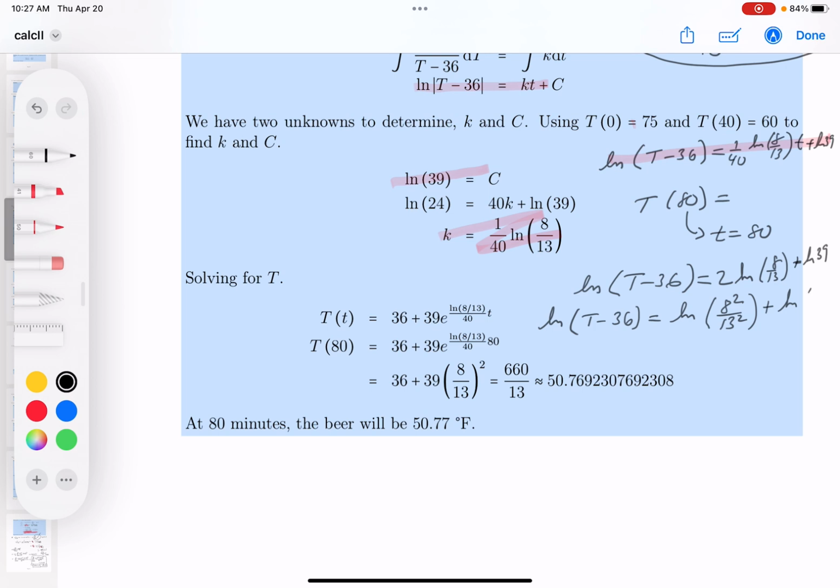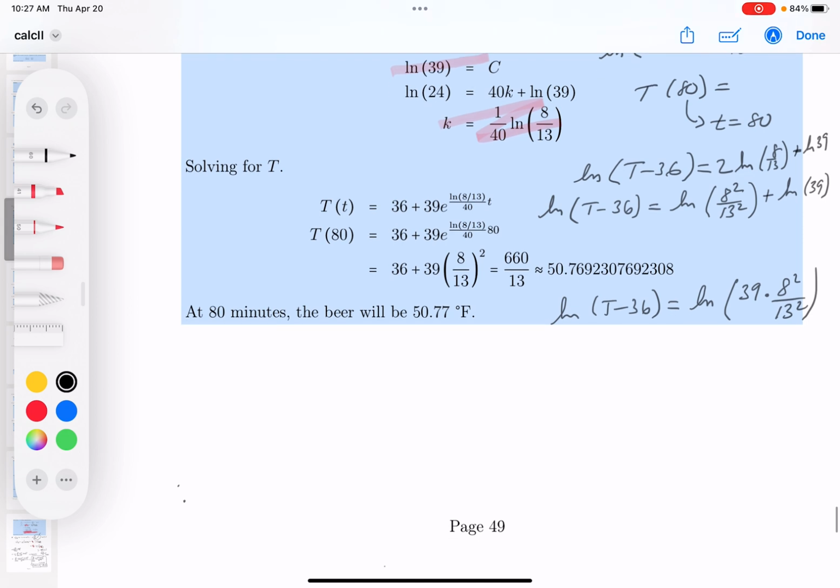Plus the natural log of 39. Okay, let's keep going. The natural log of T minus 36 is equal to, well, I think I can do that. And what do you get there? You get the natural log of 39 times 8 squared over 13 squared.